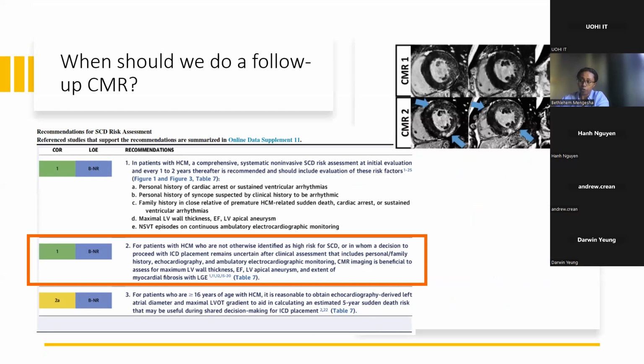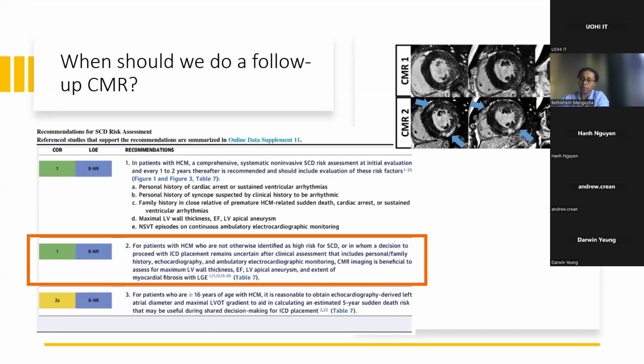The American guideline recommends baseline imaging assessment with echo, although in tertiary centers, most experts prefer to have a baseline cardiac MRI as well. Follow-up and risk assessment is done on a one or two year basis. According to the guideline, it does not recommend the frequency or timeline for imaging with cardiac MRI.